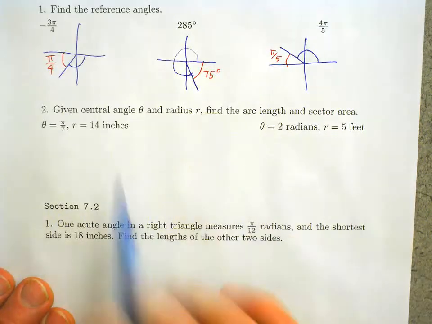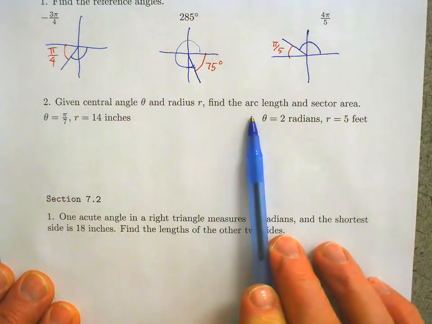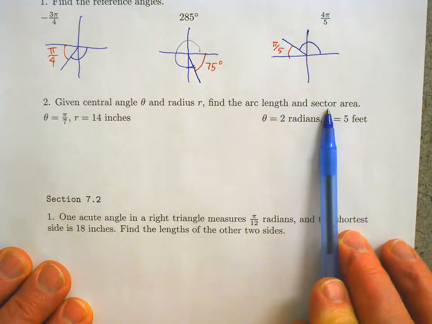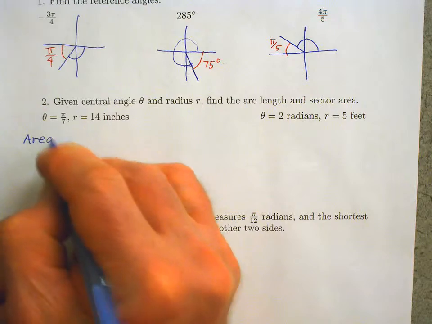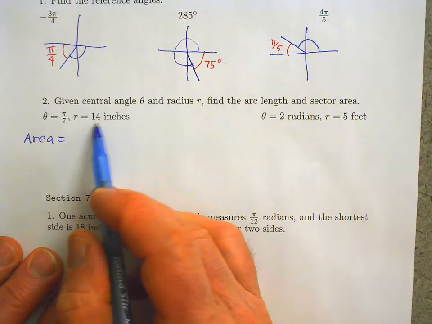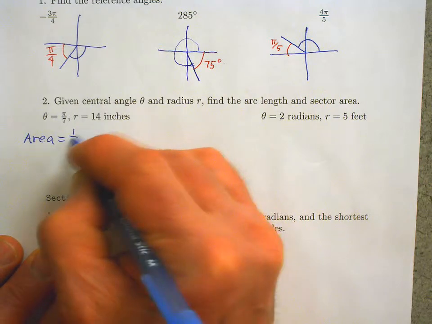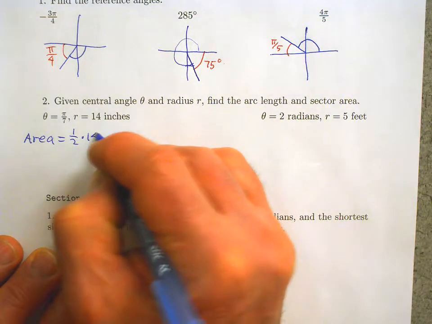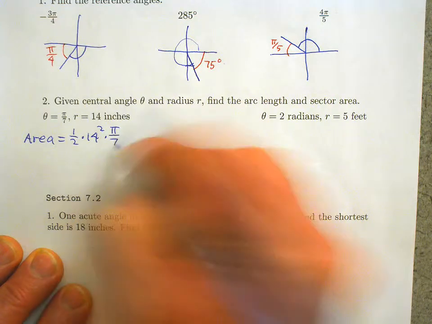Okay, given a central angle theta and radius r, find the arc length and sector area. Okay, so the area is 1/2 r squared times theta. So 1/2 times 14 squared times theta.